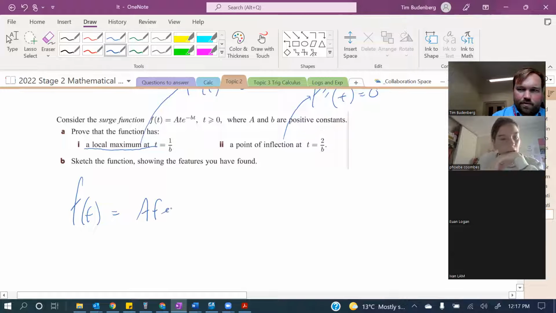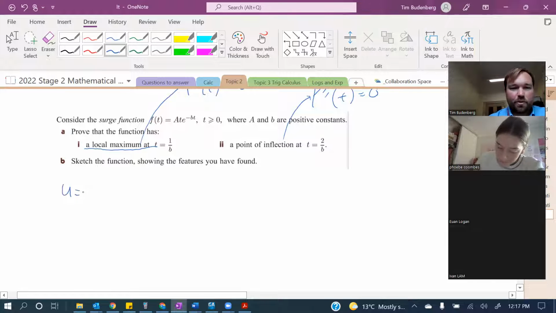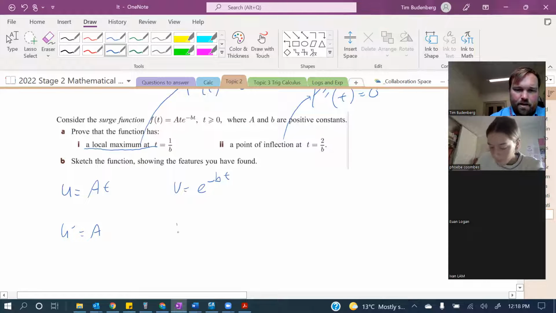a t e to the minus b t. Are we going to use the product rule for this? We are, yeah. I would let the first one be a t, and therefore u dash is just a. And I would let the next one be e to the minus b t, and therefore v dash is minus b e to the minus b t.